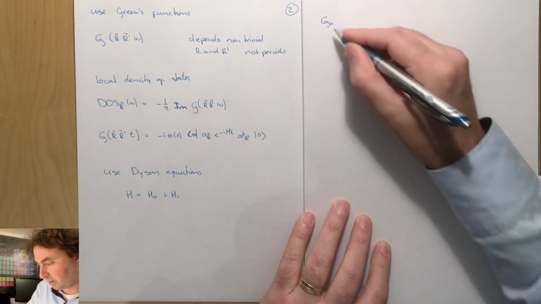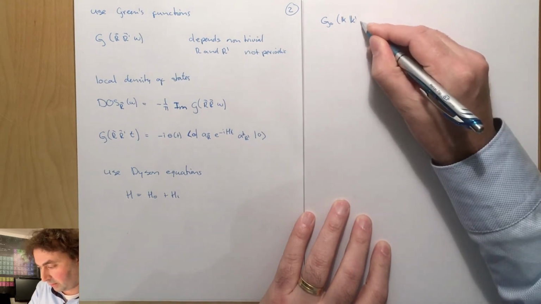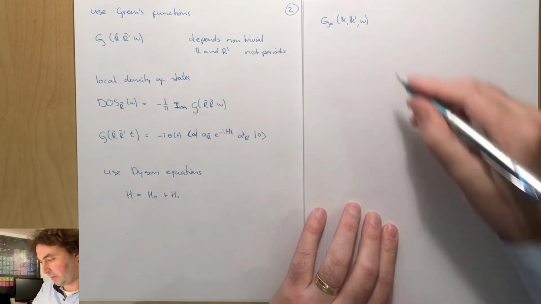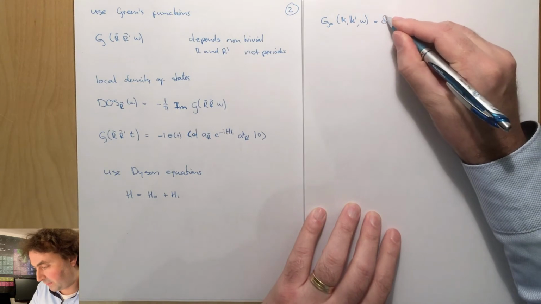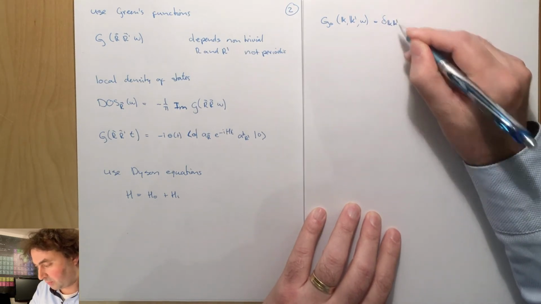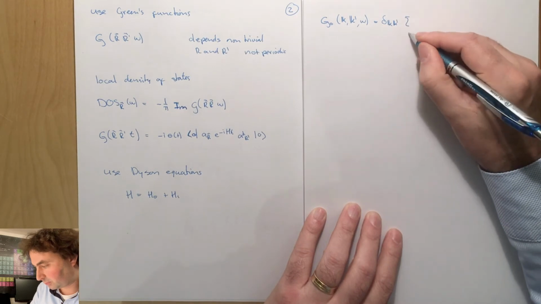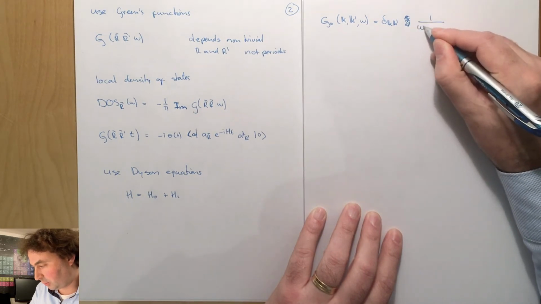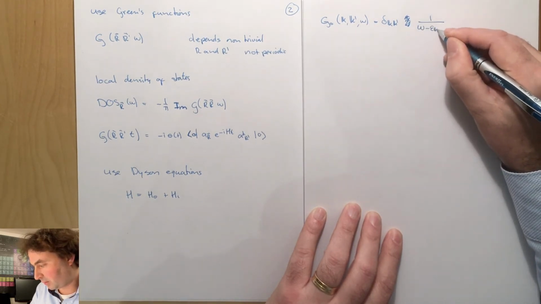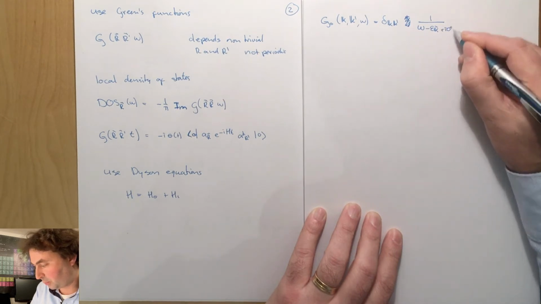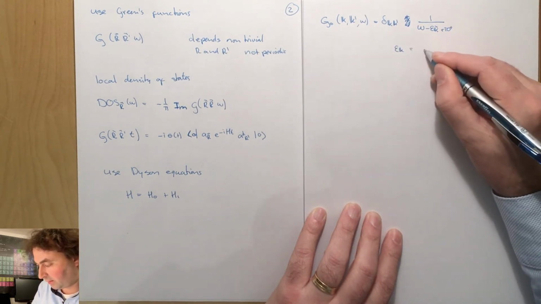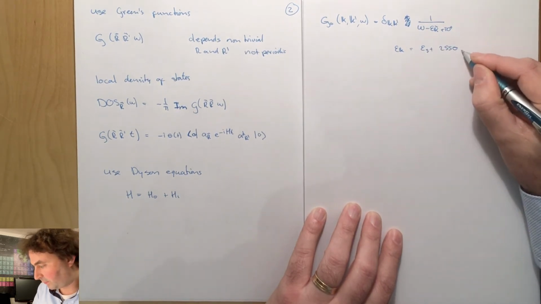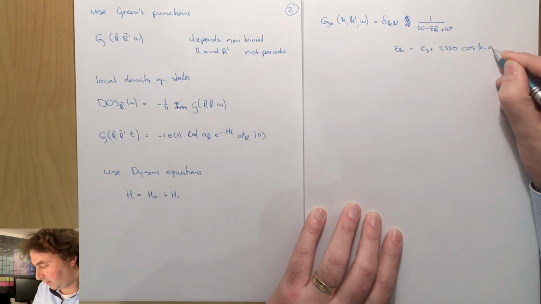So G0(k', omega) is the Green's function of an infinite one-dimensional chain with a single band, and that is diagonal in k space. There's not a sum over k. It is 1 over omega minus epsilon_k plus i0+, and epsilon_k is epsilon_s plus 2 V_ss-sigma cosine ka.